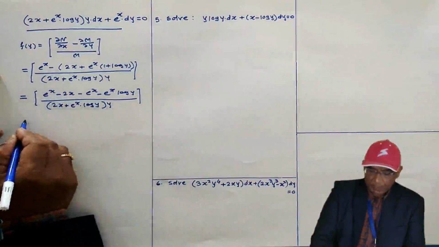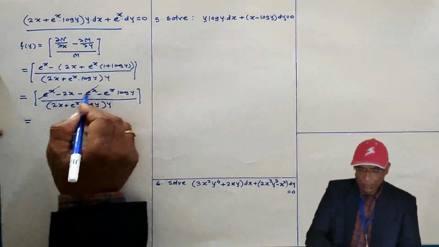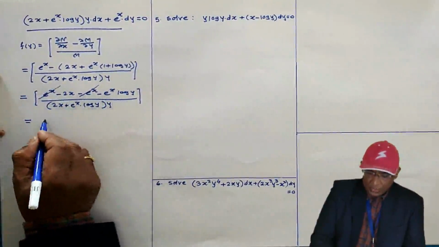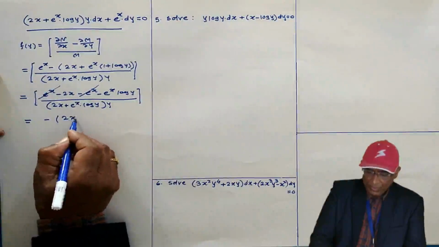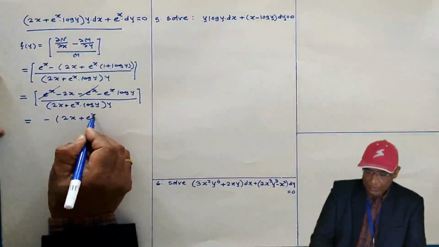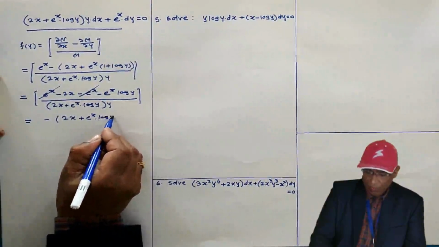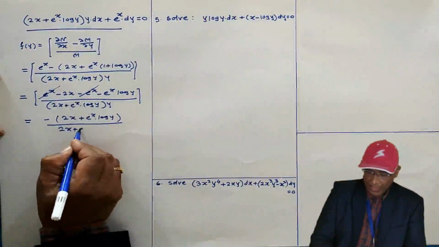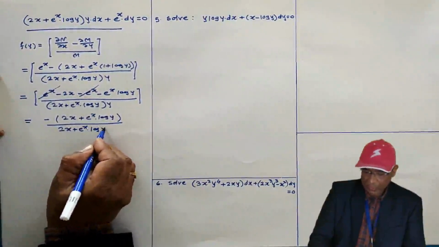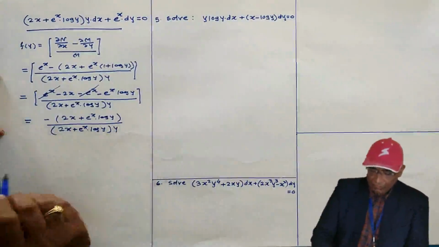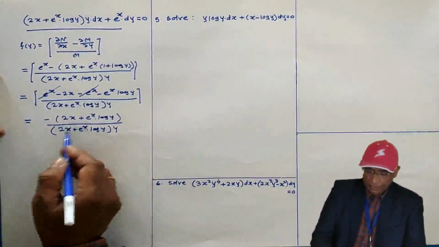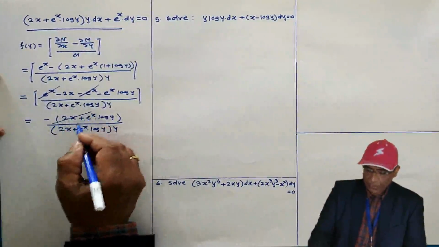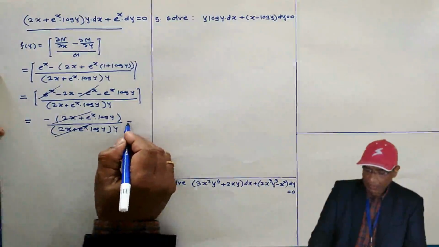Now e power x and e power minus x have gone. The two terms are remaining. Minus is common. If anything is common, you take it out, because finally, in the reduced form of fy, I want 2x plus e power x log y as it is in the denominator, and y as it is in the denominator. If you look at fy, this bracket is the same, so this bracket is going to cancel. So what is remaining? Minus 1 by y is remaining.